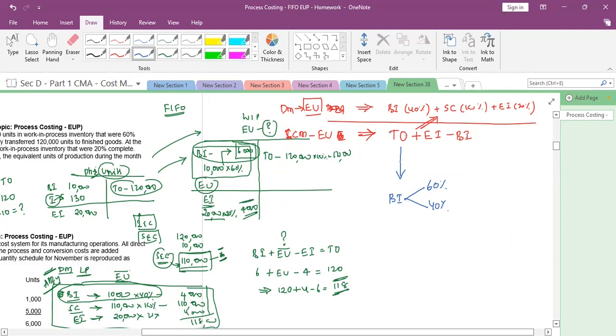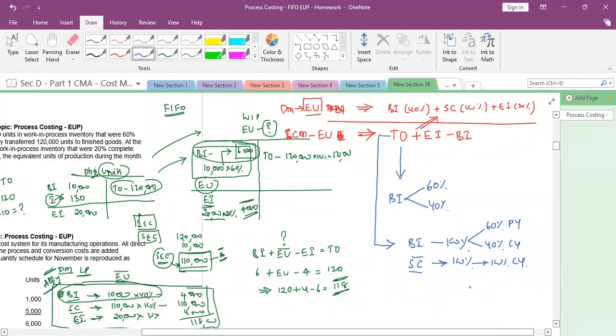Transferred out is nothing but beginning inventory 100% and started and completed 100%. So this transferred out includes beginning inventory, which is 60% work done in the past and 40% work done in the current year, and started and completed 100% work done in the current year.